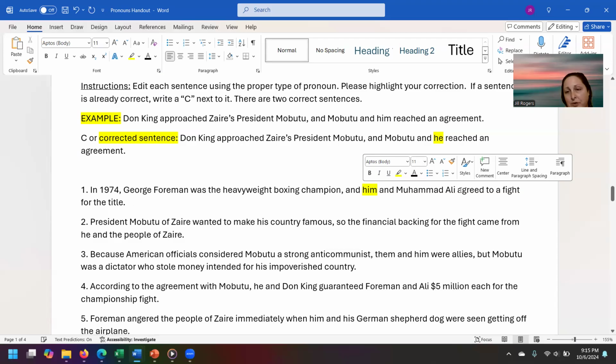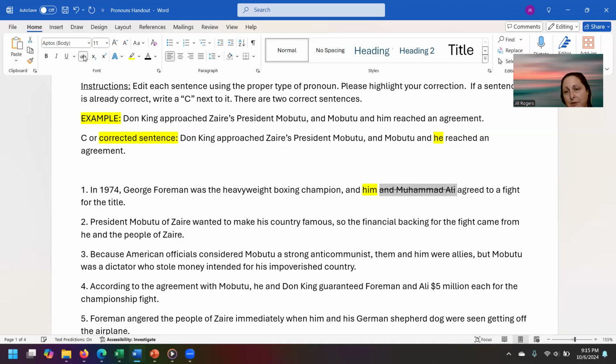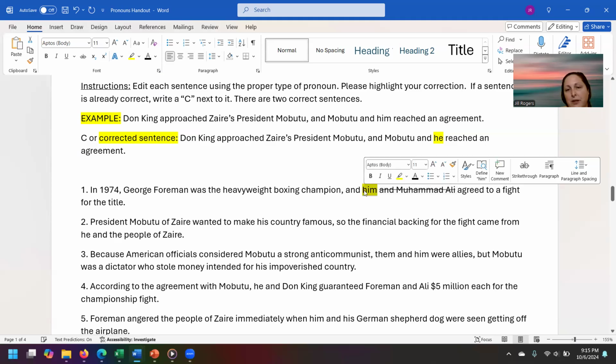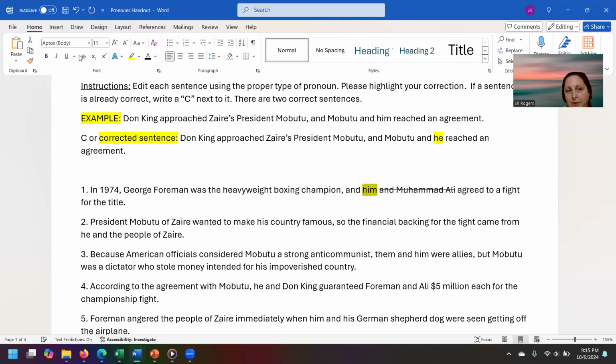So what was our trick? Our trick to see if it made sense was to take out that compound subject, right? So if we said "him agreed," wait a minute, "him agreed." Him is an object pronoun, so this is wrong. And it should be the subject pronoun. What's the subject pronoun? Subject pronoun is he.